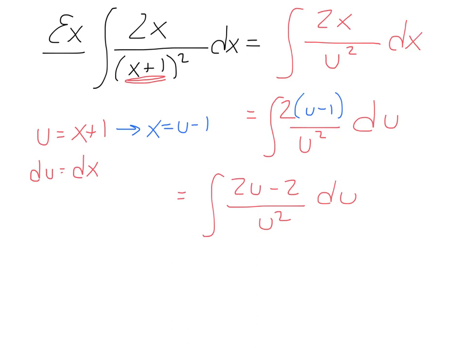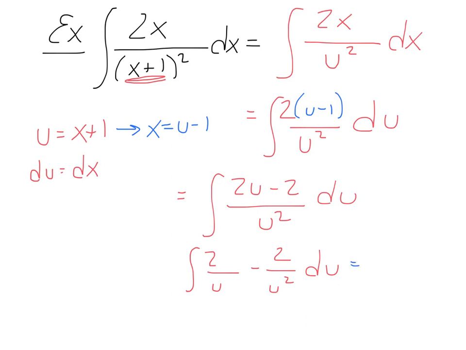So I get the integral of 2u over u squared minus 2 over u squared du. And what's nice now is that this u can cancel out with that u, and I have two functions being subtracted, and I will take their antiderivatives individually.